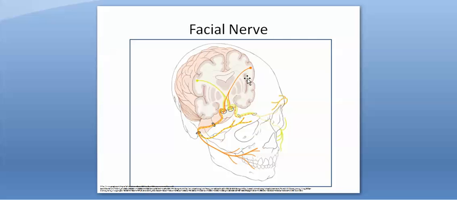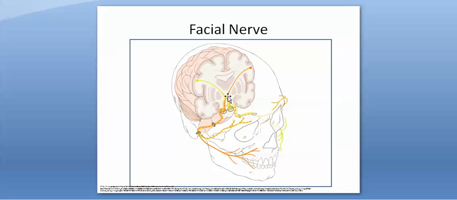So let's look at this. So if we look at the orange one here in the left hemisphere, so we have motor information, and it's actually traveling through via that corona radiata, those projection fibers, via the motor strip. So here's the motor strip in the frontal lobe, and it's sending information down through the corona radiata. This is the internal capsule here.